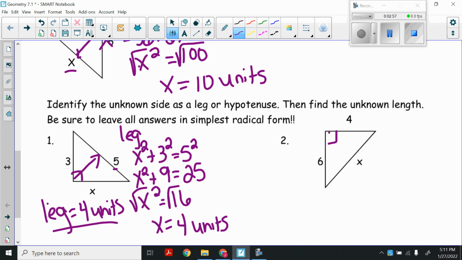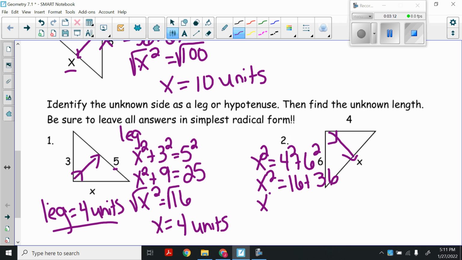Example number 2, we are looking for a hypotenuse. So we would set this up x squared equals 4 squared plus 6 squared. So x squared equals 16 plus 36. So now we want to add these together. So we get x squared equals 52. The square root of both sides. This one is not a perfect square. It's a simplest radical form. So break 52 down. So I know that 2 goes in there.